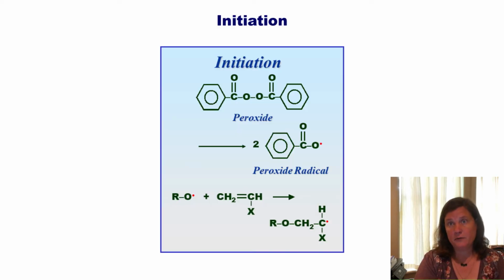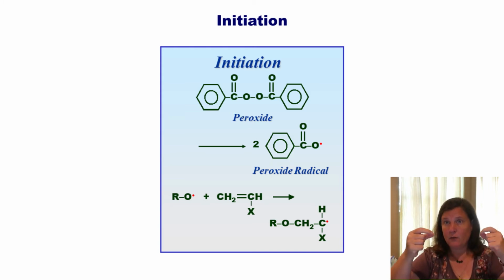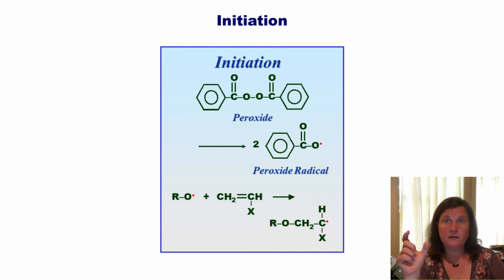For free radical polymerization, initiation is often done with a peroxide. The peroxide has an oxygen-oxygen bond. That oxygen-oxygen bond homolytically cleaves, forming a radical on each piece that remains. The radical is the activated initiator, and that's what initiates the reaction.